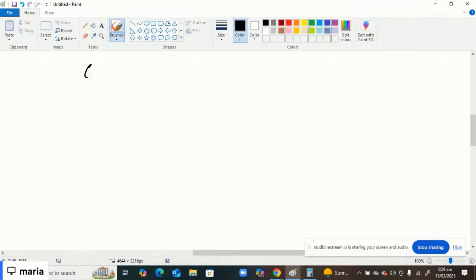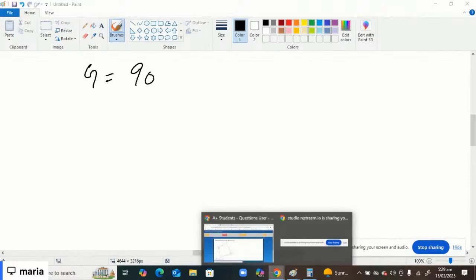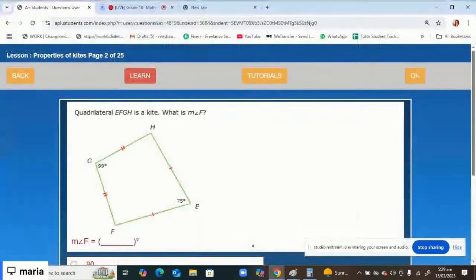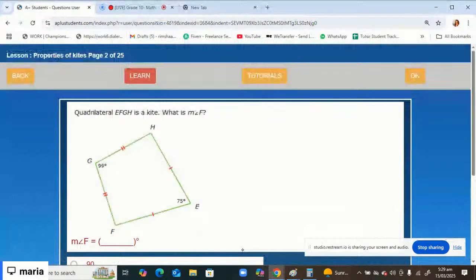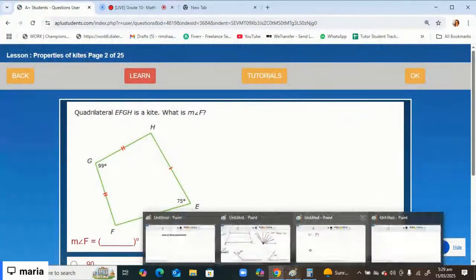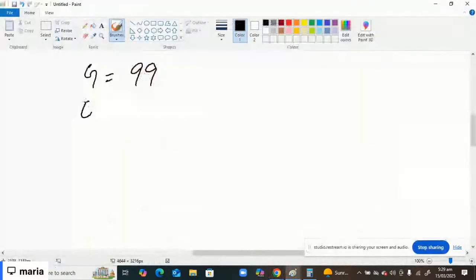G is 99. And E is 75. Okay, G is 99 and E is 75.